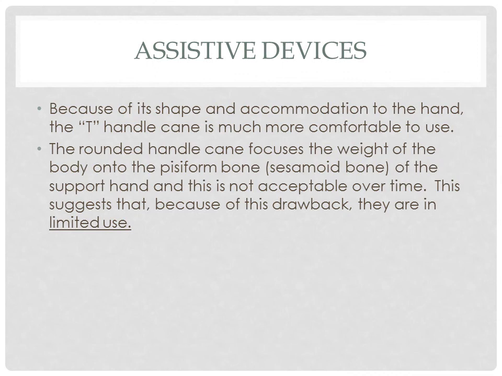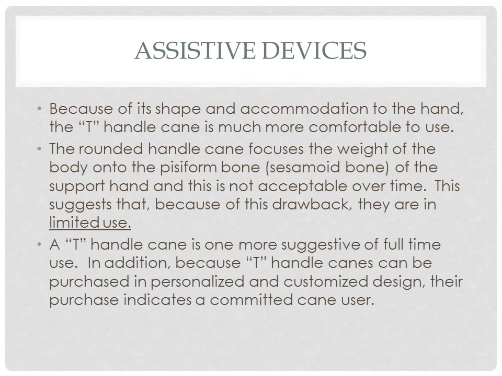So when I see a person that has a rounded handle cane, I conclude that because of this drawback, the fact that the weight comes down onto the pisiform bone, this indicates to me that this cane is in limited use because it's simply not comfortable to use over a long period of time. On the other hand, a T-handle cane is more suggestive of full-time use because it is more comfortable, because it does fit the hand better, and because it distributes more of the weight-bearing load over a greater surface area of the hand.